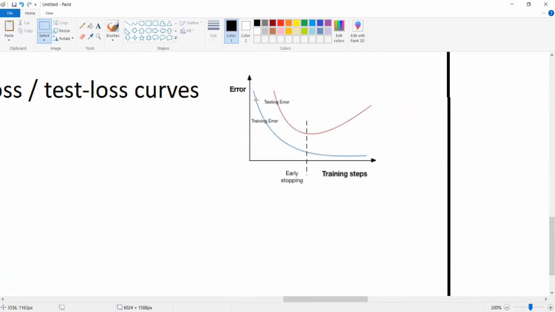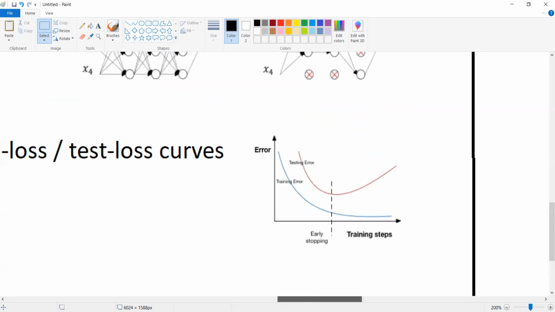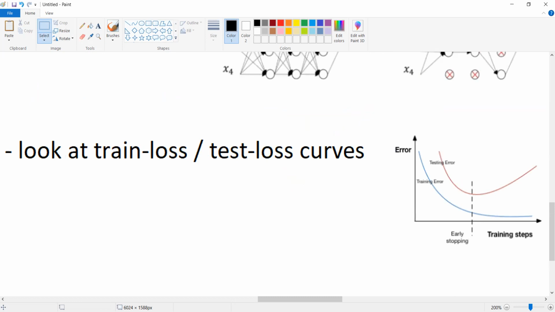In the beginning, your train error and your test error both drop until you reach a point where your training error keeps dropping because you're overfitting, but your test error is actually getting higher. So you stop at that point. That's called early stopping, or there are tricks: if you see that your test score hasn't improved in the last 300 iterations, you stop there, or all kinds of tricks like that.